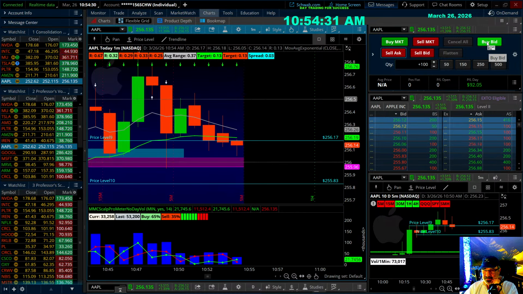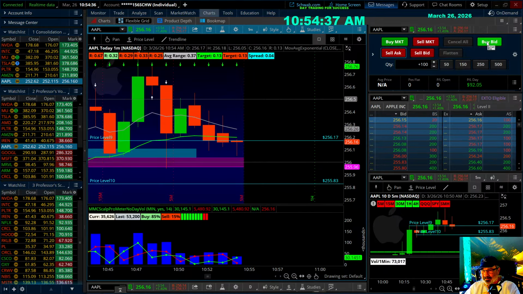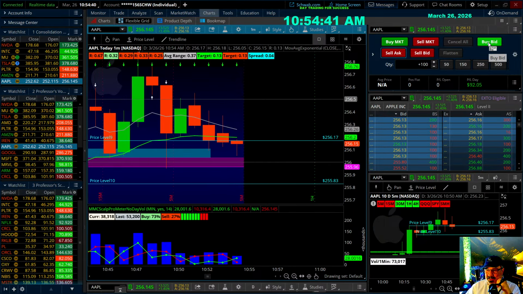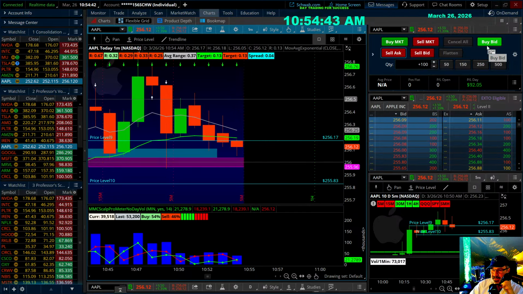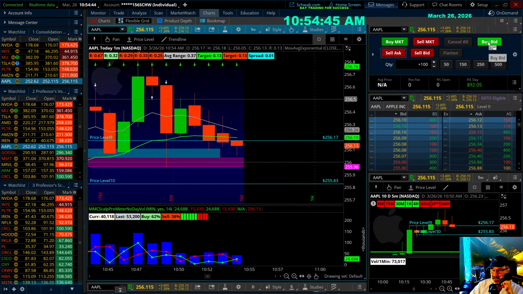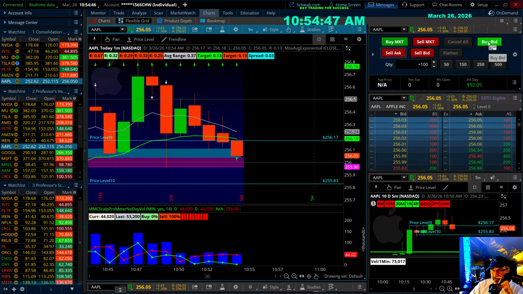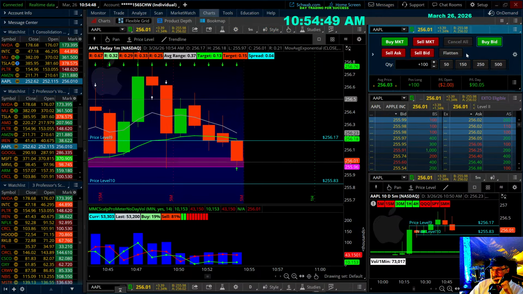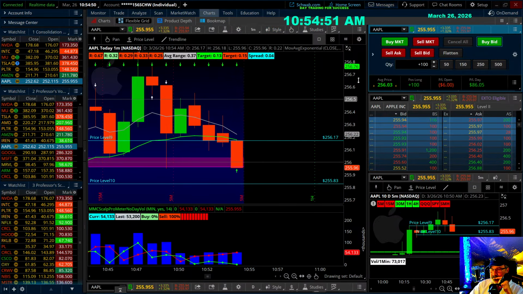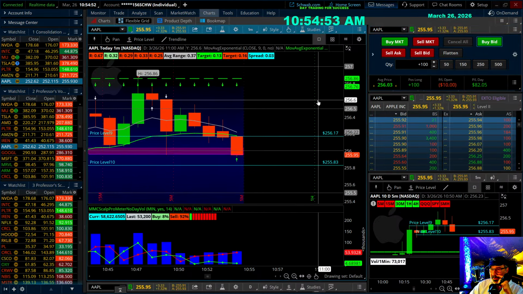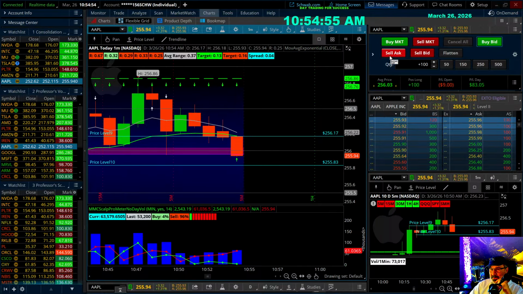Looks like it's getting some support there. I am doing bid because I want to get it as close as I can down there. I'm okay missing the trade. There we go. I got it at 03. And then it broke it. So let's hope this isn't the beginning of the big short bias thing.